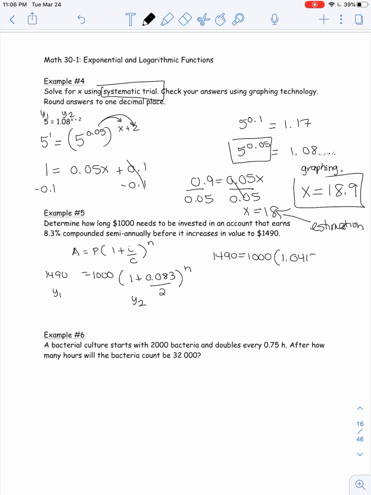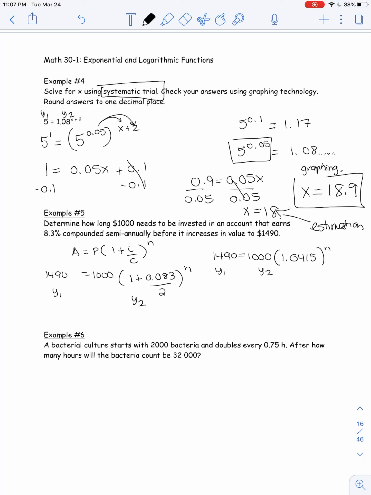And you should get that this should be 1.0415 to the power of n. So like I was saying, these numbers, they don't look great, right, when it comes to finding a common base.